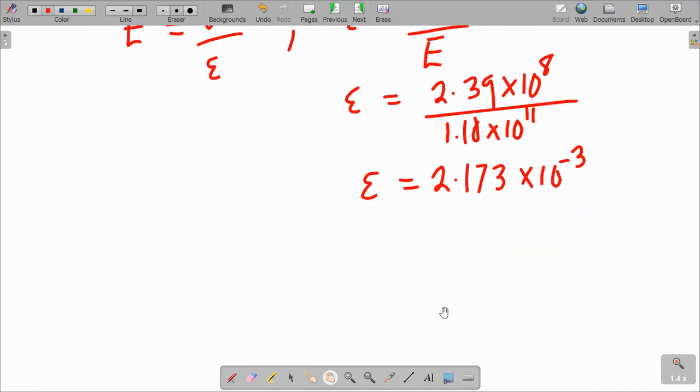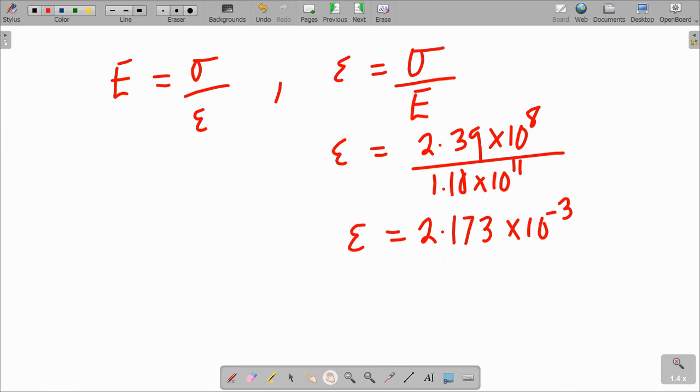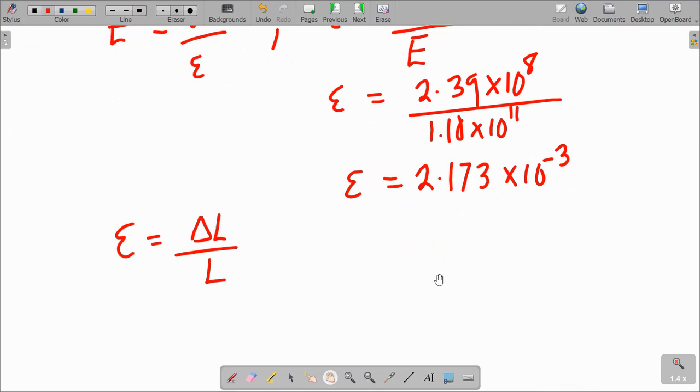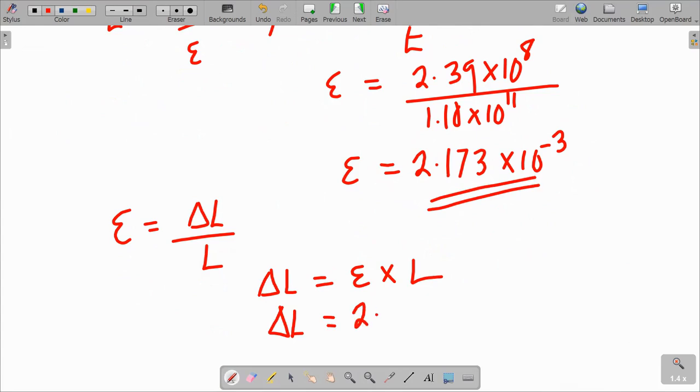Now we know the strain. We're looking for the extension. We know that the strain is equal to the change in length, which is the extension, divided by length. Now, if we make the change in length the subject of this equation, the change in length is going to be equal to the strain multiplied by the length. So the change in length is going to be the strain, which we got as 2.173 times 10 to the power of minus 3, multiplied by the length, which is 1.50, from the start of the question it was given.